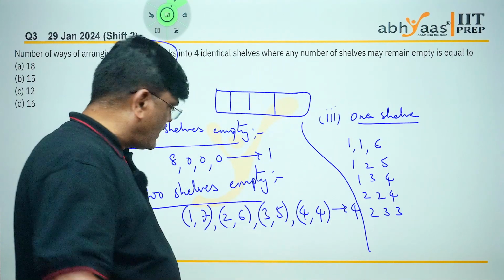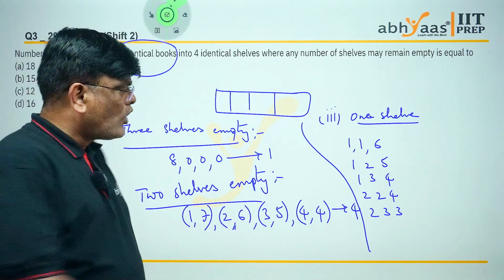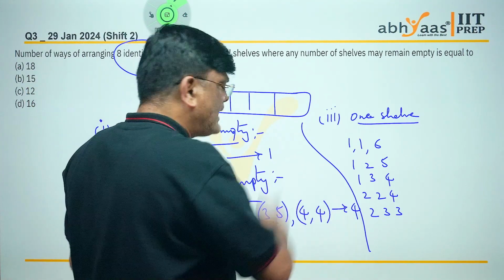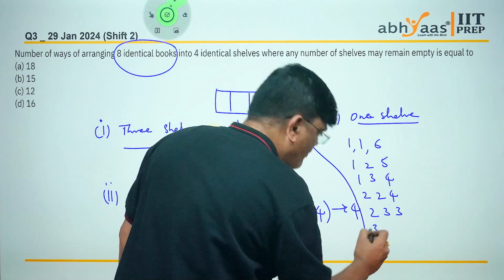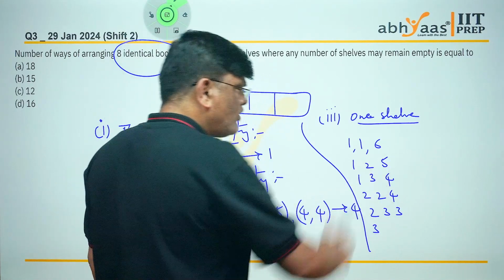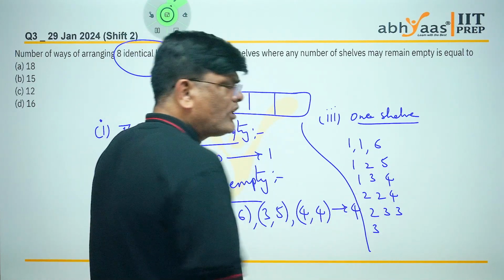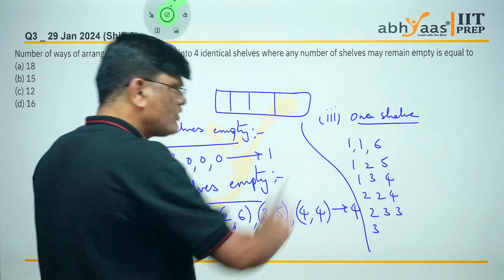If you take 2 6, that is included here also, so no need to consider that. Okay, with 2 completed. Next, now we'll say with 3. With 3, 3 1 4 is also included here. 3 2 is also included. 3 3 included. Next 3 4 is also included.